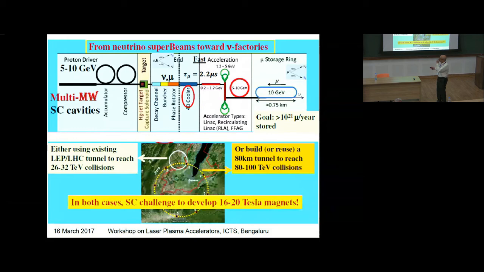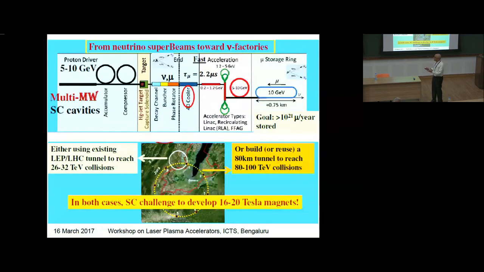You have to have 10^21 muons per year stored in this kind of ring for muon-muon collisions. People have electron-positron colliders; you have mu plus mu minus colliders. The Chinese have put a proposal to build an 80-kilometer circular tunnel, and they will go up to 100 TeV protons.